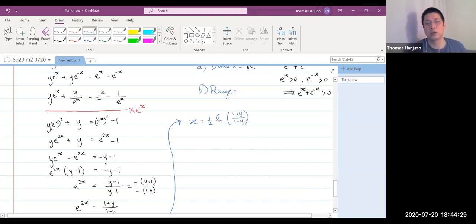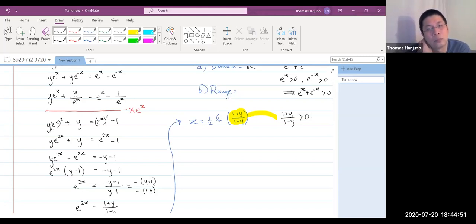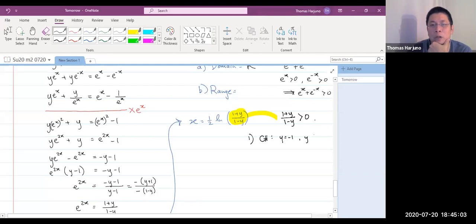Now, for this to work, the argument has to be strictly positive. (1 plus y) over (1 minus y) has to be strictly positive. And then we get the critical numbers: y equals -1 and y equals 1.